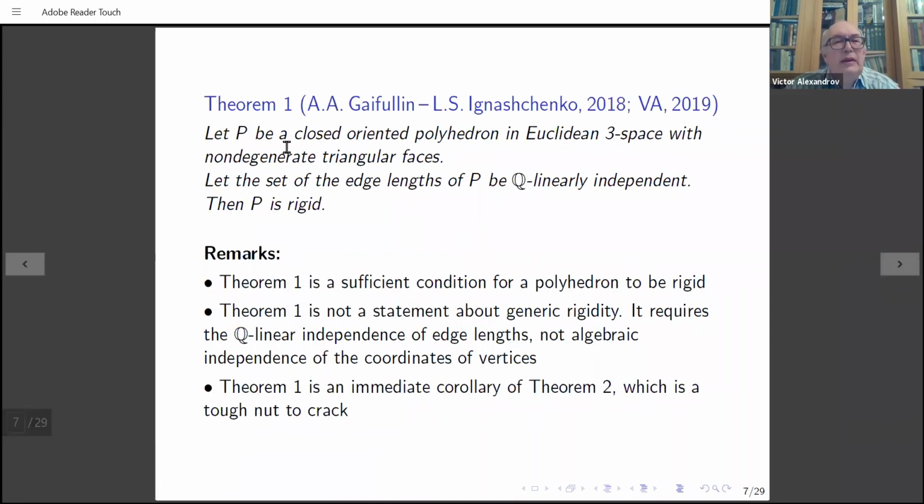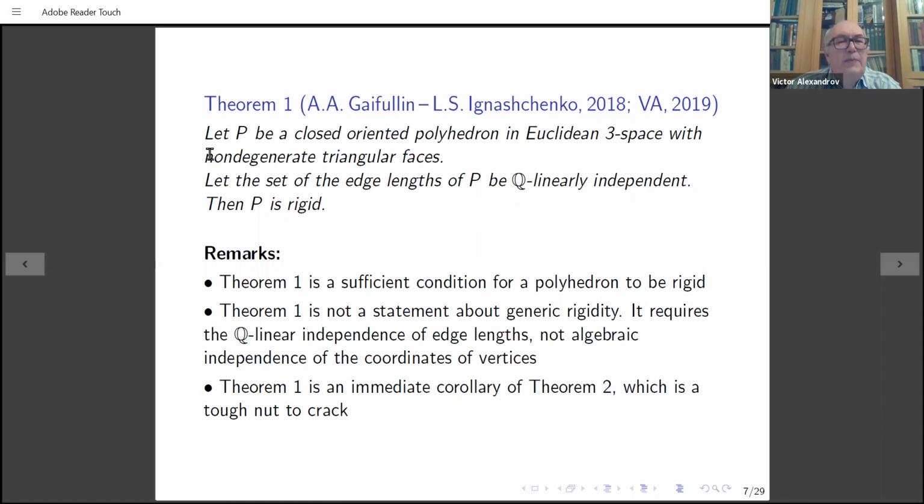The starting point is Theorem I, which appeared nearly simultaneously in 2 papers, one written by Gaifullin and Ignashchenko in 2018, and the other paper is mine, published 1 year later, and I have mentioned it at the beginning of this presentation.